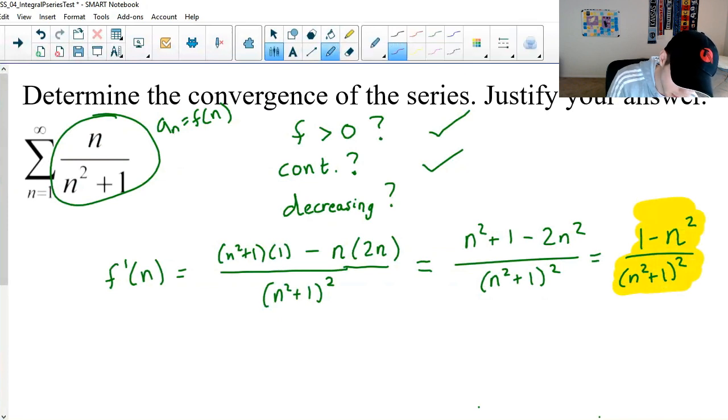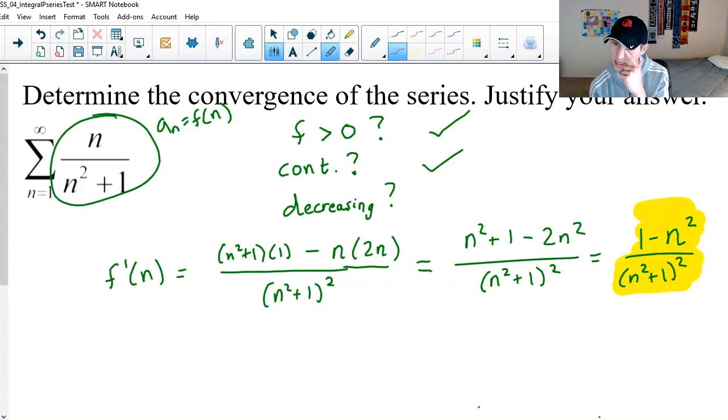And let's take a look at this for a second. So let's kind of use our intuition. So what I want to know is, is this negative always? Well, the denominator will always be a positive number, right? Because the denominator is getting squared. And for my numerator, 1 minus n squared, n is something greater than or equal to 1, so that numerator will be negative.